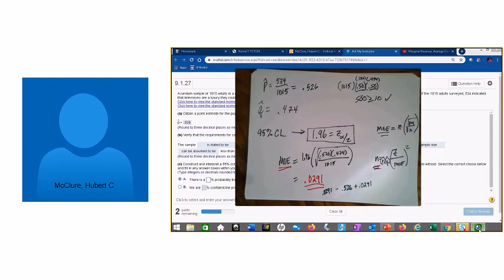Let me just take my calculator and do that. 0.526 minus 0.0291 is 0.4969.